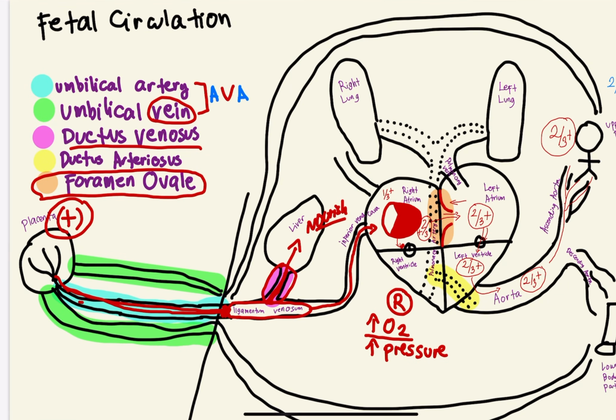They will pass the veins of the body, dadaan sila sa veins, and then babalik po sila papunta doon sa ating umbilical artery. Okay? Umbilical artery. Going back to the placenta for oxygenation. Okay po ba? Nakuha na po ba yung 2/3?